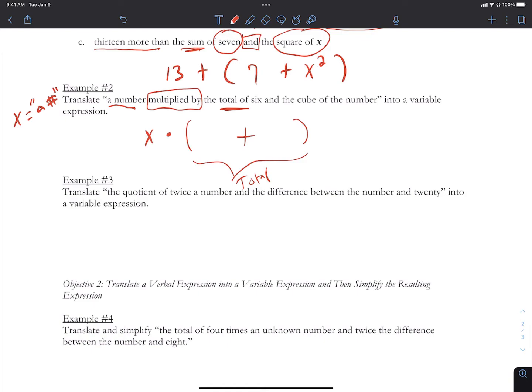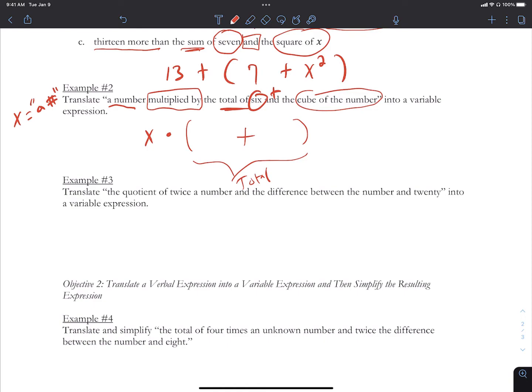So the total of, so we have 6 and, so that tells me where my addition sign goes. The cube of the number, right? So notice it says the number, implying that it's the same number. So we're going to use the same variable again.